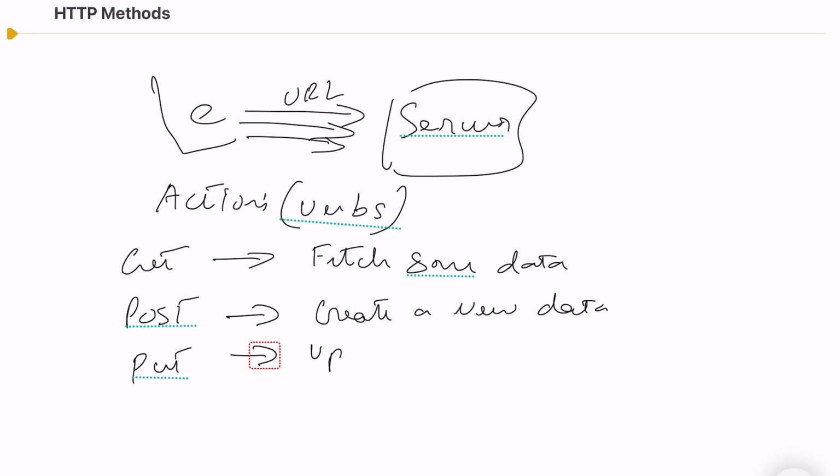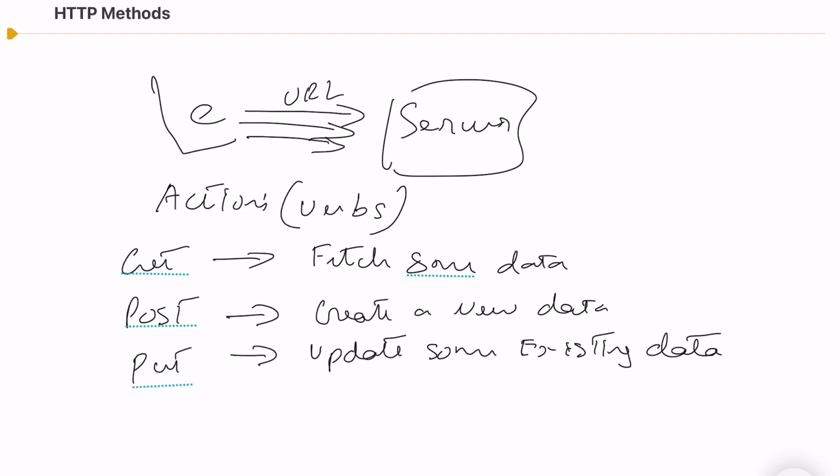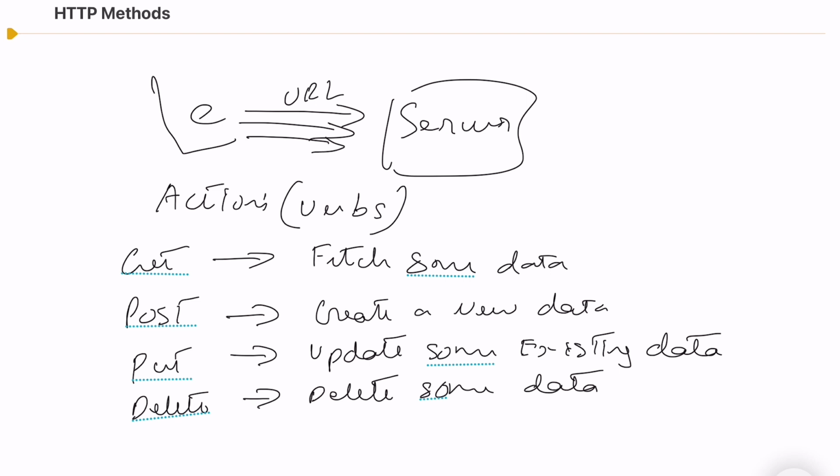That means the client is trying to update some existing data. And the last, these are popular methods, by the way. Okay, and the last one is delete. That means delete some data. Okay, now there are certain nuances or highlights which you should know.